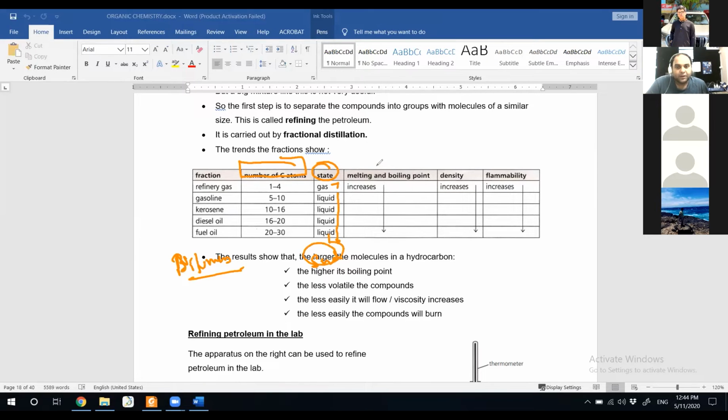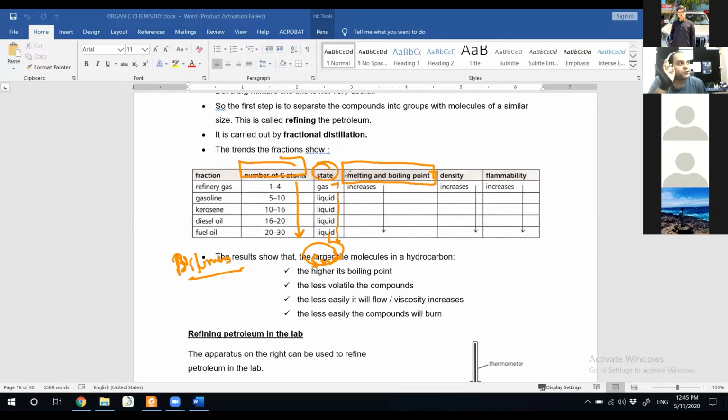So that also shows us that the melting and boiling point increases with increase in the number of carbon atoms, right?